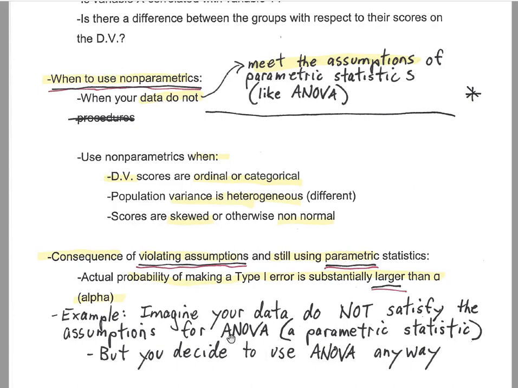For example, let's imagine that your data do not satisfy the assumptions for one-way analysis of variance, which is a parametric statistic, but you decided to analyze your data with ANOVA anyway. Think about the example that we used in talking about one-way ANOVA. You're a health psychologist, you want to find out whether financial incentives have an effect on how many exercise minutes people get in a typical week.